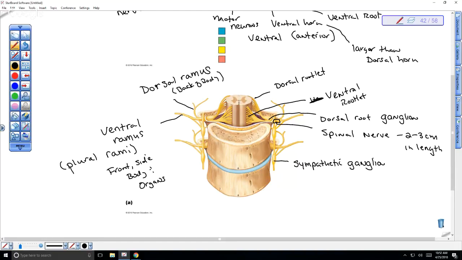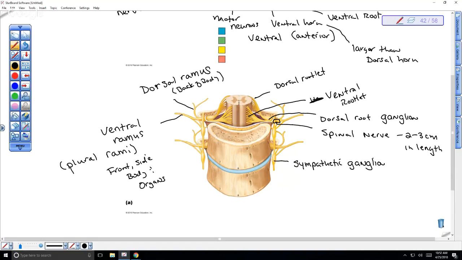So when we talk about parasympathetic in the cranial, the sympathetic division of the autonomic nervous system actually comes off the spinal cord, not the brain. So it doesn't come off the brain. That's why I didn't talk about sympathetic when we were talking about cranial nerves.